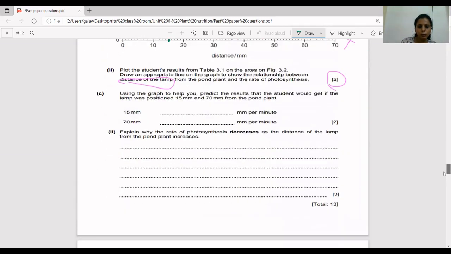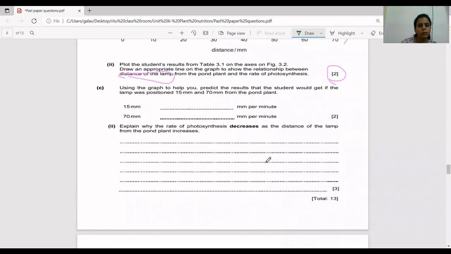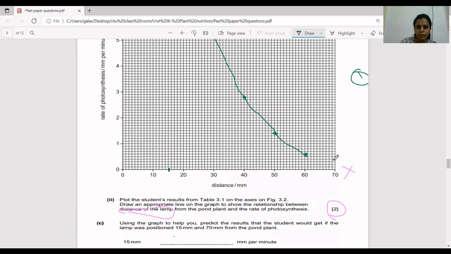You don't have to plot it on the graph, but you just have to write it in the answer given here. Now at 70 millimeter: at 60 the rate they have given was 0.4 millimeter per minute. So obviously at 70 millimeter distance it should be between 0 and 0.4.